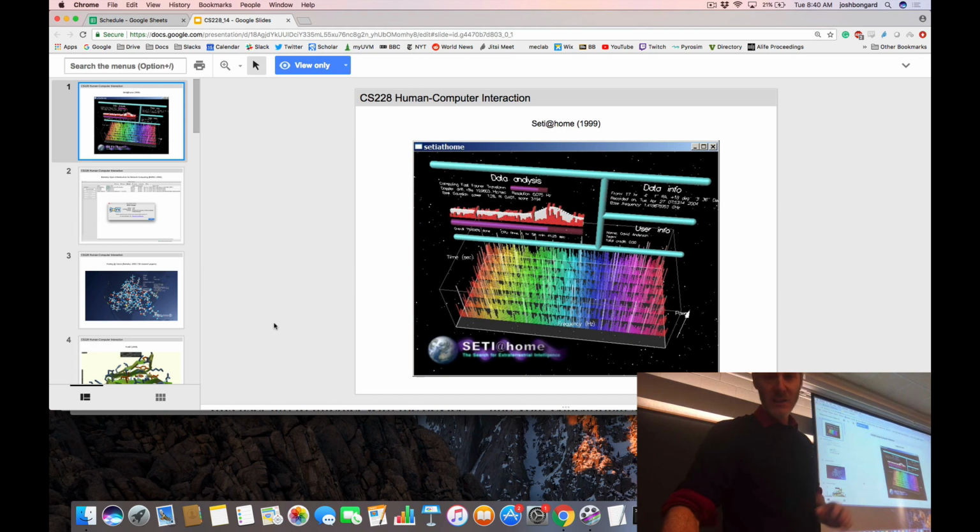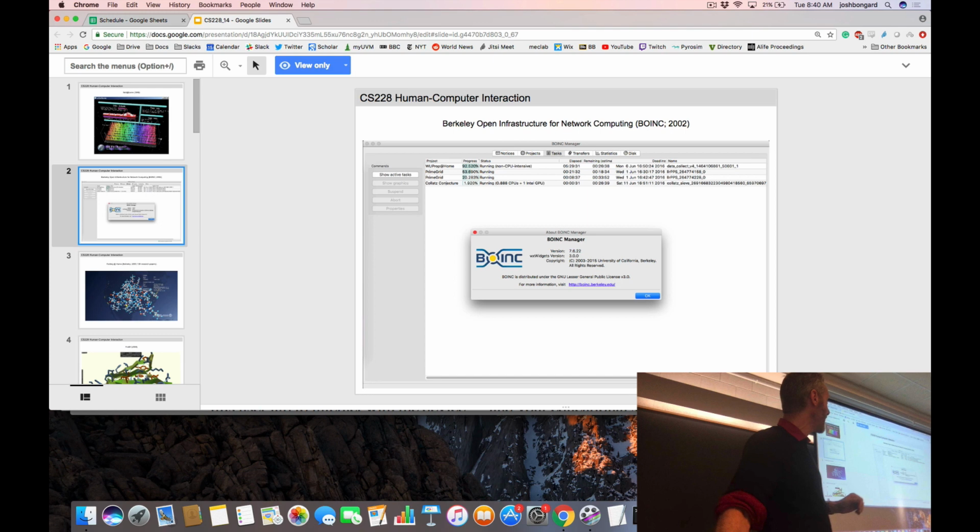Okay. So that was a project created originally at Berkeley, and the Berkeley team then generalized this into the Berkeley Open Infrastructure for Network Computing, or BOINC application. This is sort of a general system where now if you're a scientist, you can actually try and take your research code and write it in the BOINC format and then include it in the portfolio here.